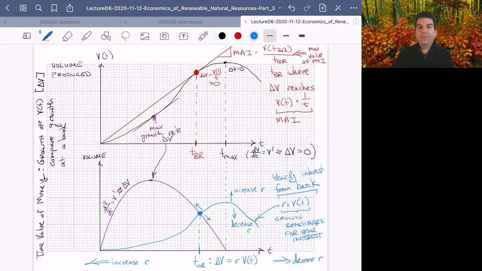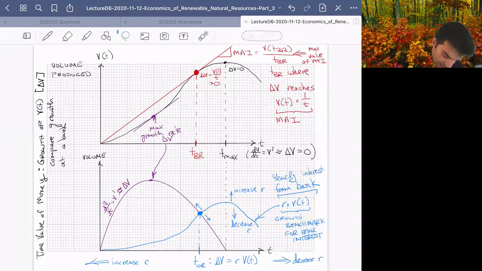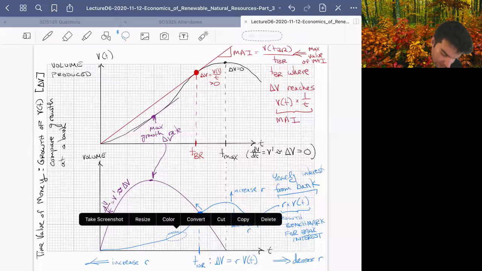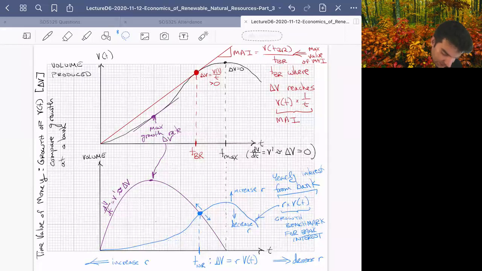Now, we then learned about the Faustman rotation, and the Faustman rotation looks identical to the Wicksell rotation. In fact, if I want to be slick here, I can grab the Wicksell rotation curve and shift it up just a hair, say to here.